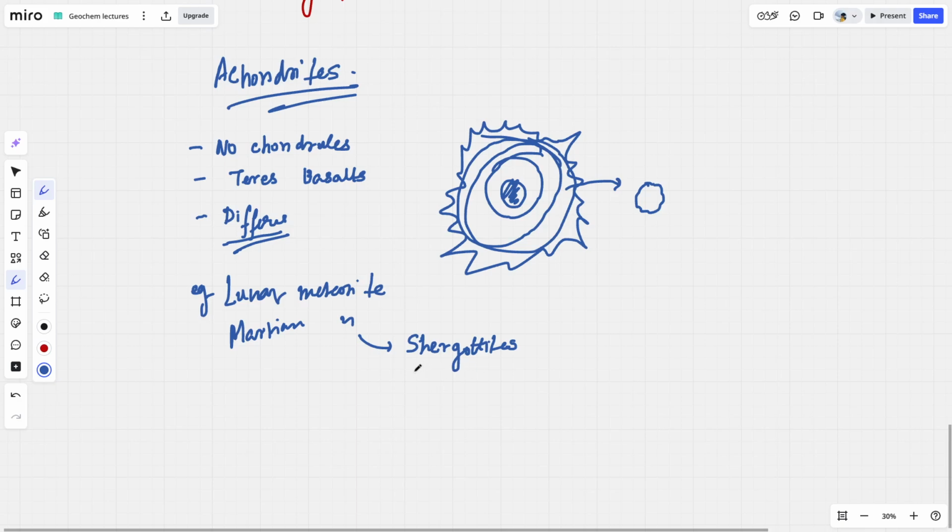There was a meteorite impact in around 1864, right? And that meteorite is called Shergottites. Okay, again, very important when you're writing answers in UPSC mains. Okay, please add these kinds of examples in your answers to fetch better marks.